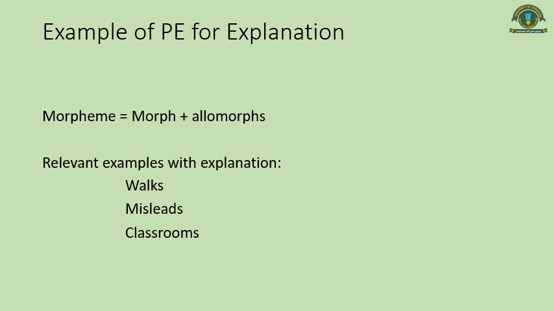So for morphemes we use curved brackets, what we call a curly bracket. And for allomorphs, we just have to distinguish that morphs and allomorphs are two variants of a single morpheme.